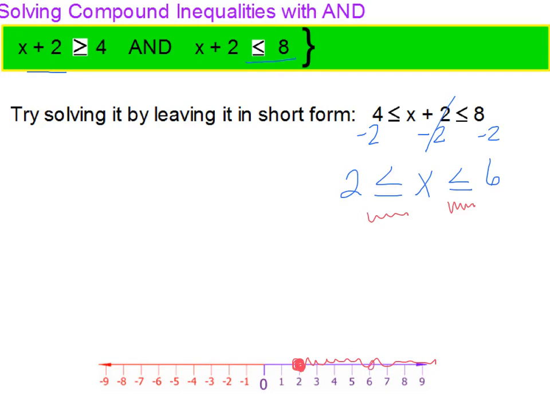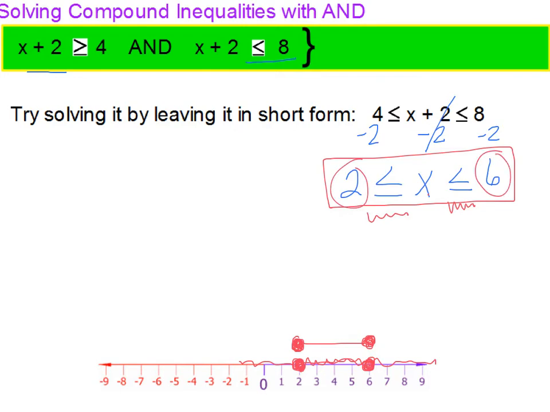That's a closed dot on 6, and all the x's that are less than that. But remember, it's an and scenario, so it has to be true for both of them, which only happens where they overlap. So I want all of the x's that fall between 2 and 6, which actually makes sense just from this right here.